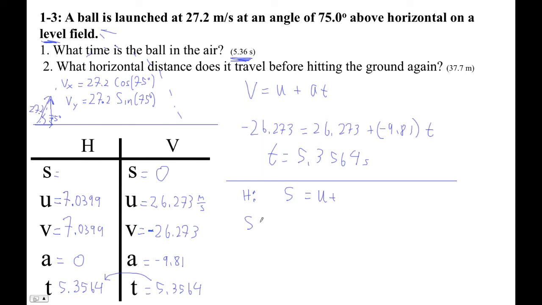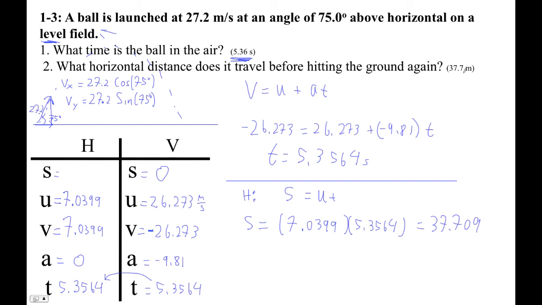So S is equal to 7.0399 times 5.3564, and I get 37.709 roughly.